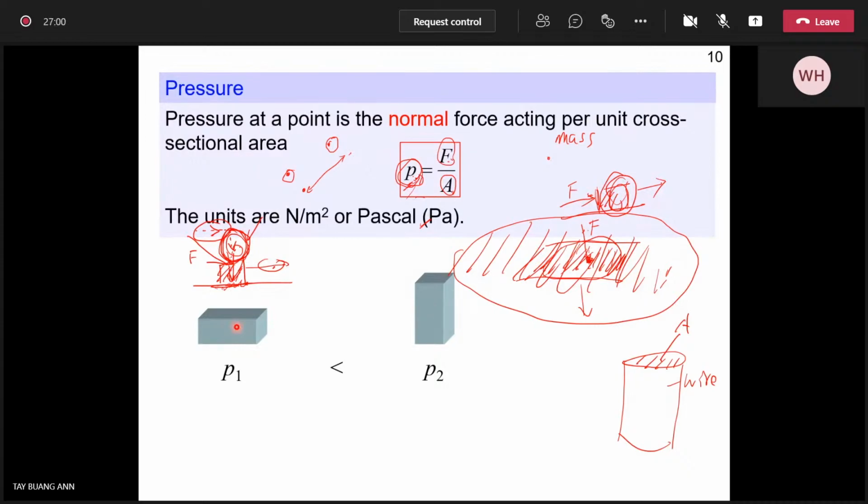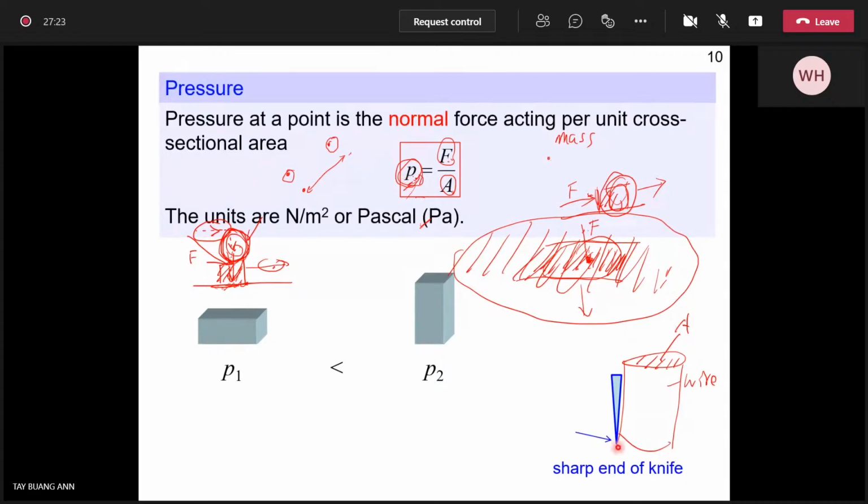Okay. Another thing to see this is a knife. Right? We have a very sharp end of the knife. For what reason? Because you can apply a small force, but because the area is so small, the effect of this force becomes very large. And this effect is measured by pressure.